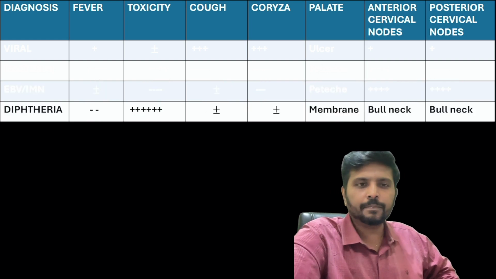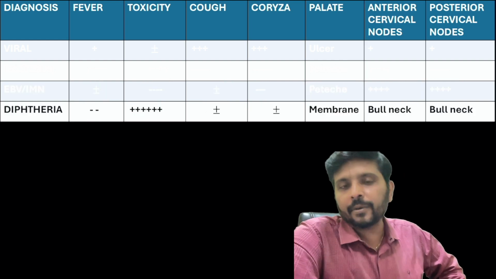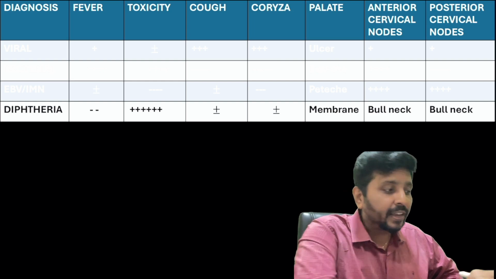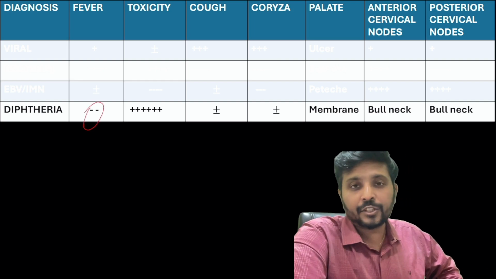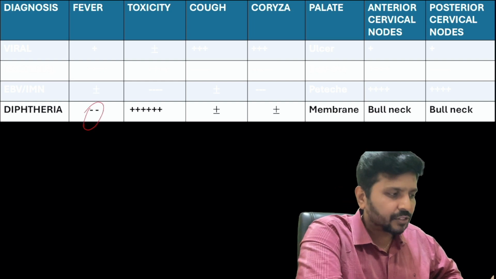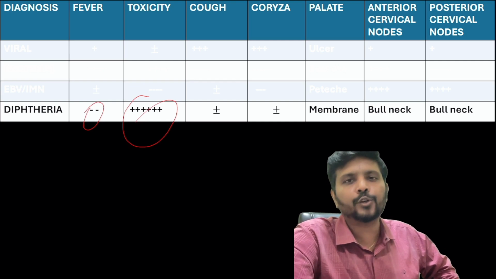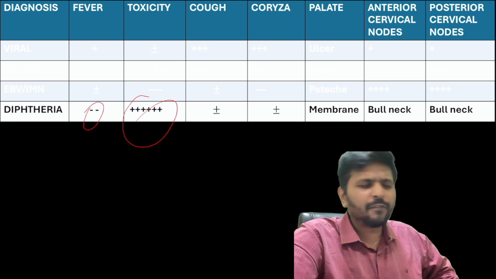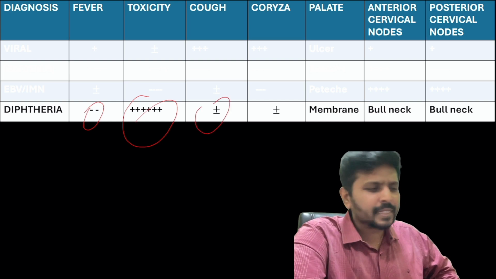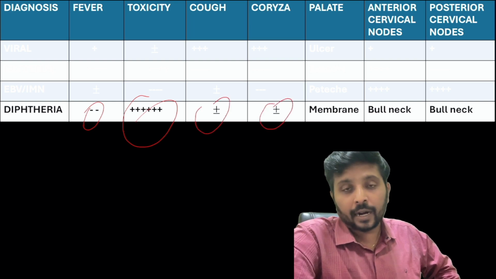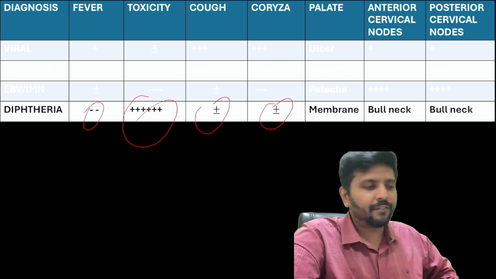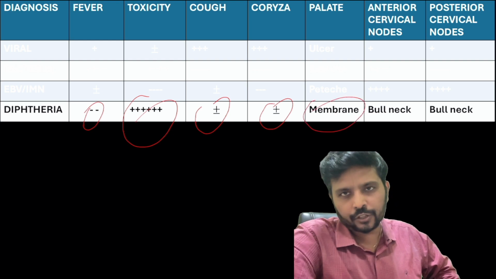The last one, diphtheria. Remember, in diphtheria, the fever will not be high, but the child is very, very toxic. That is the most important clinical differentiation with respect to other etiologies. Cough may or may not be there, coryza may or may not be there, and on local examination, you can find a membrane in the tonsil.